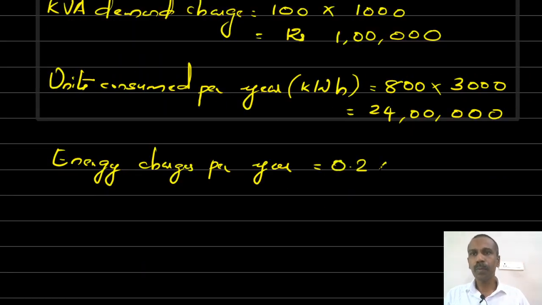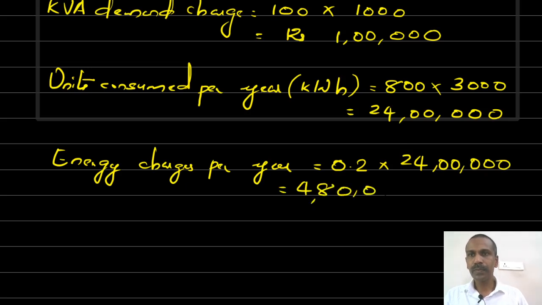So 20 paise or 0.2 rupees into kWh usage, which is 24 lakh. So energy charges is equal to 4 lakh 80,000 rupees.